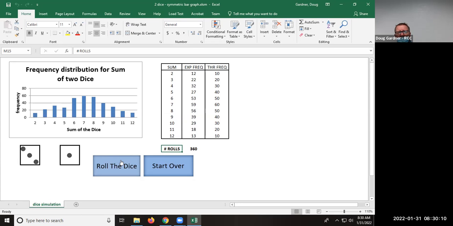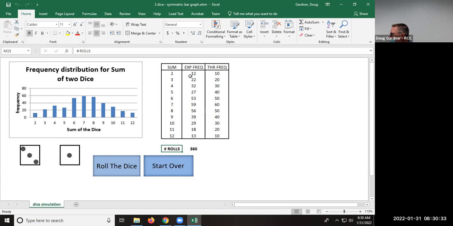So notice there's a theoretical frequency over here. And so this is what you would expect to happen. If you roll the dice 360 times, you would expect 10 times you're going to get a 2, 20 times you're going to get a 3, 30 times you're going to get a 4, and so on and so forth. This is what you'd expect.